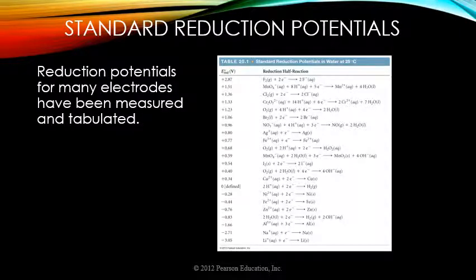The more negative it is, the more likely it is to undergo the oxidation process. So you can see here, fluorine is our most heavily reduced substance. It can go from the F2, adding 2 electrons, to the 2F minus. And lithium is our most likely to undergo oxidation, with the Li as a solid going to Li plus, and the electron that would be produced.